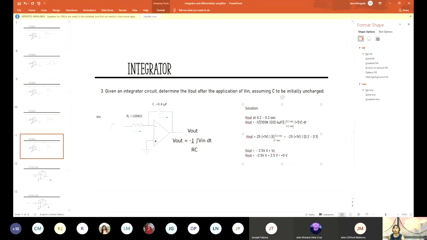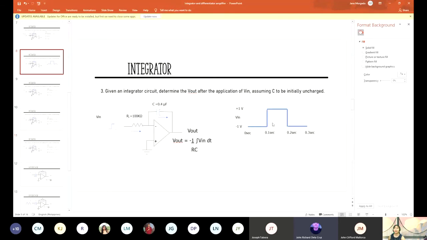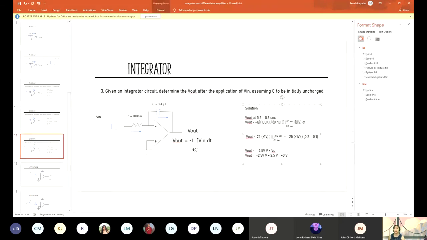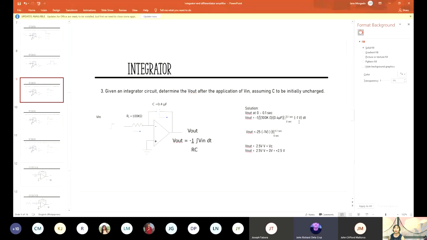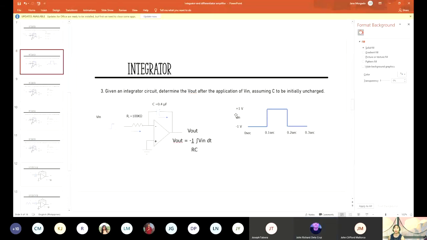Okay, from 0.2 to 0.3, the input is negative 1. So from 0 to 0.1, the input is negative 1. 0.1 to 0.2, the input is positive 1.